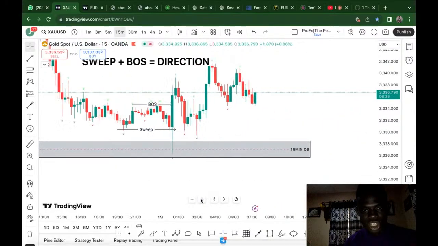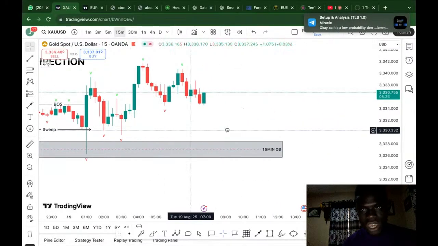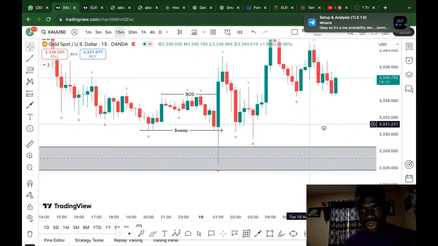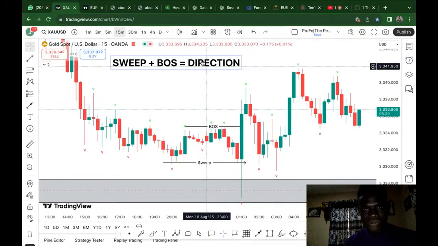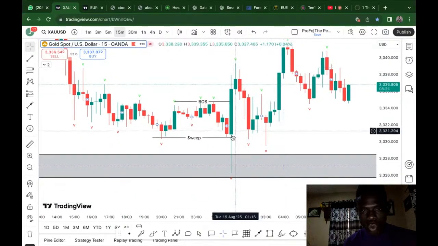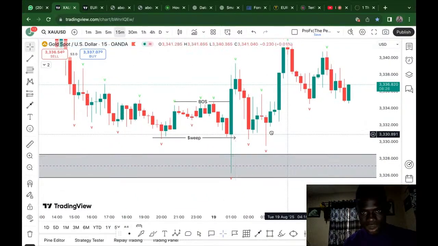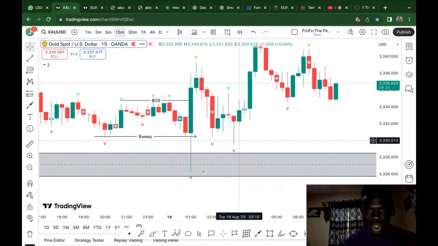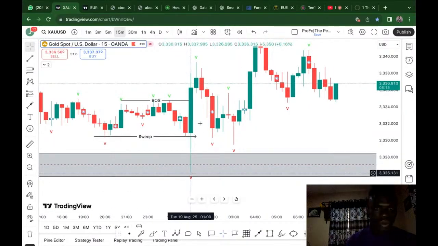And I said just now that a wick on a higher time frame is an order block on a lower time frame. And 15 minutes has given us this long wick. This is our swing low and swing high.